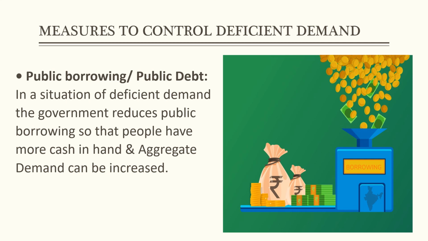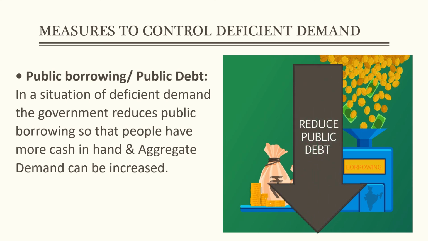The cash in the people's hands will increase. Because when the government buys, the government will pay them in terms of cash. Right? So in this case, the government will reduce public debt. And how do they do that? By purchasing government bonds, treasury bills, securities and so on in the open market. And in this way, the aggregate demand can be increased.